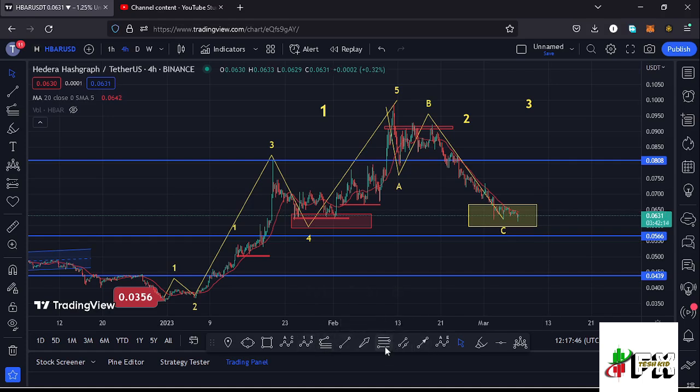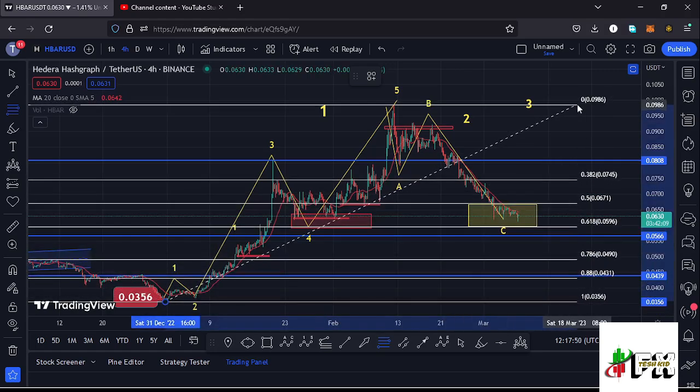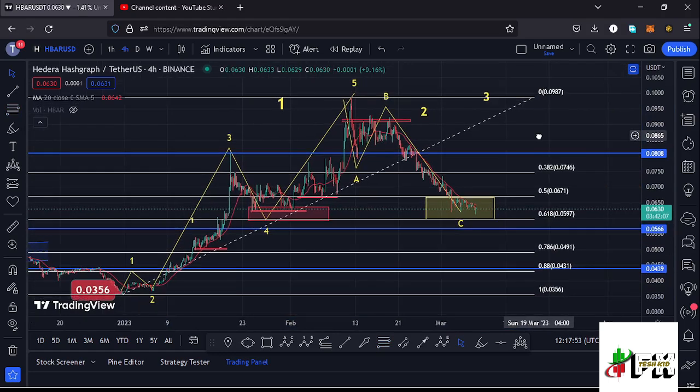Using the Fibonacci once more, connecting them from the low of the first wave to the high of that first wave, that gives me a new target area between the fib level 0.618 and the fib level 0.78, and I can extend this target area to the lower side in the formation of this wave 2, so that the target area now lies between the $0.0671 mark and the $0.0491 mark, and that is the minimum that we can expect Hbar to do, and also continue holding within this yellow target area for us to still say that whatever we are seeing is the corrective structure in the formation of that wave 2.